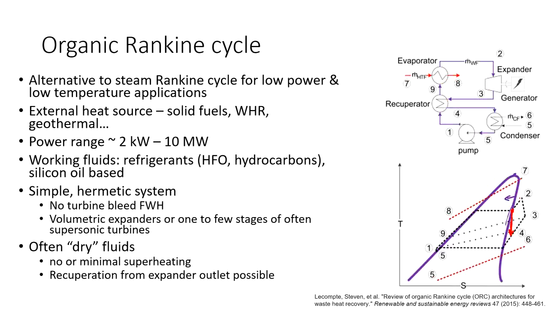Also, this dry working fluid allows for so-called recuperation, because as we can see, if we have the one isobar at the expander inlet and other isobar at the expander outlet, the expansion from points 2 to 3 would end up with temperature significantly higher than is the temperature of the condensation.